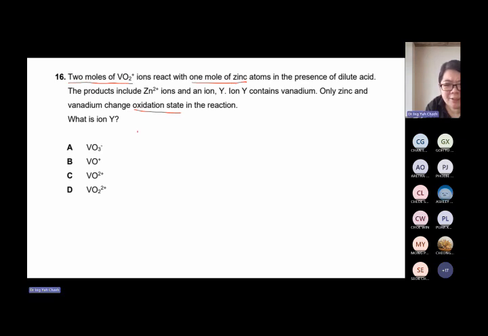That means my equation, I have to write 2 VO2 positive, okay, with 1 mole of zinc. Now this part is balanced for you already. Okay, what are the products? Zinc ion, zinc 2 plus, and Y.